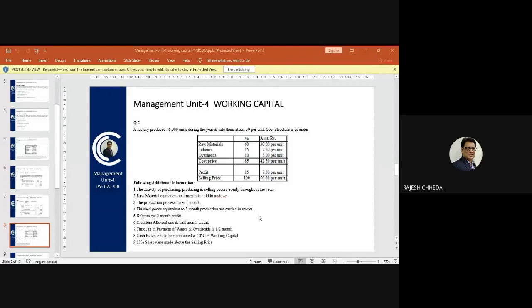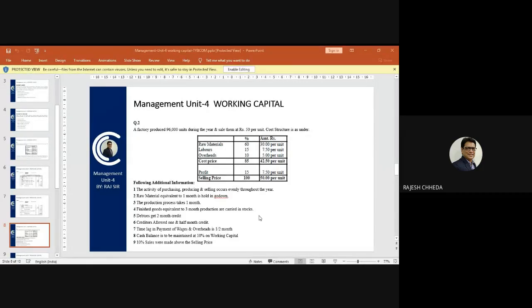Finished goods equivalent to 3 months of production are carried in stock. So finished goods we will calculate the same way: 8,000 into 3 into 42 rupees 50 paisa, because total cost is 42 rupees 50 paisa.